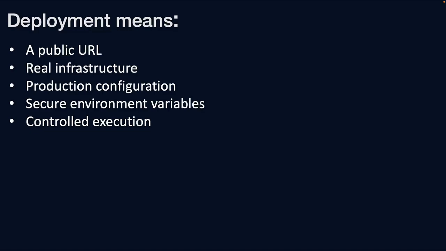Deployment is not uploading files. It's not dragging code into the internet. It's the moment your software stops being private and starts being public. Deployment means a public URL, a real infrastructure, production configuration, secure environment variables, and controlled execution.